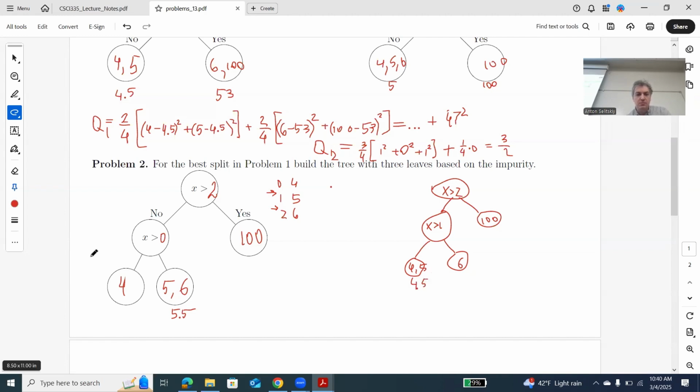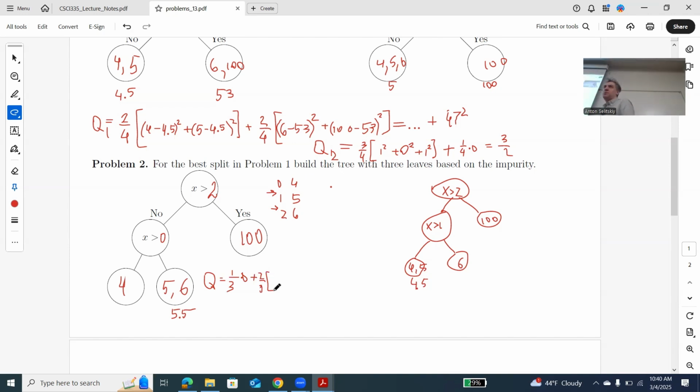Okay, let's calculate the impurity for the first split. The proportion is 1/3. And what are the residuals? 0 for the first node, because we have just 1 line, 4 minus 4. The second node, 2/3. Here we have 2 numbers, 5 minus 5.5 squared plus 6 minus 5.5 squared.